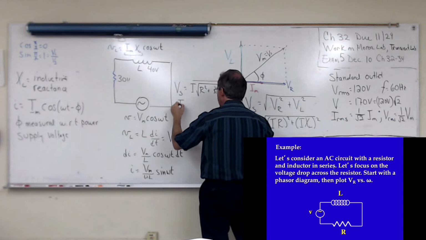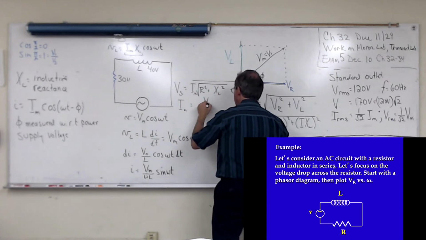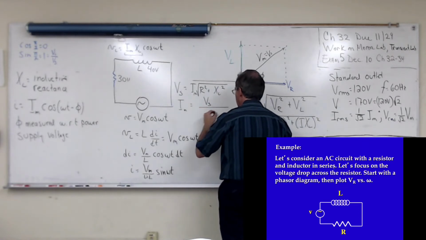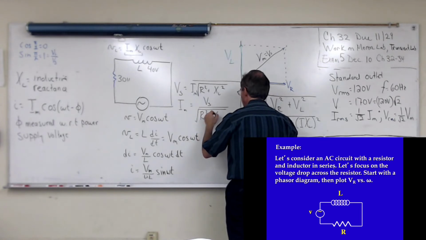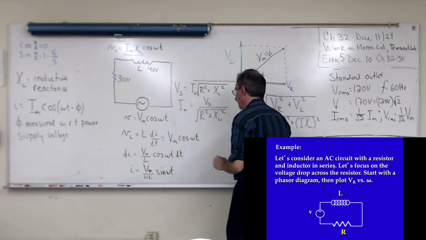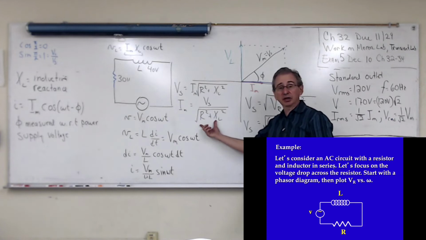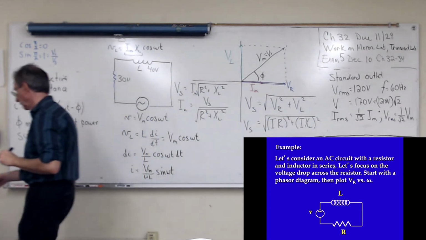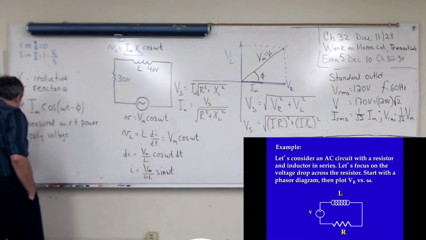And so I max is your power supply voltage. And this is the maximum value, right? These are all maximum values. And this term down here is called the impedance. We could denote it with the letter Z.